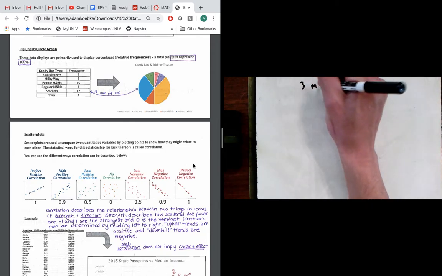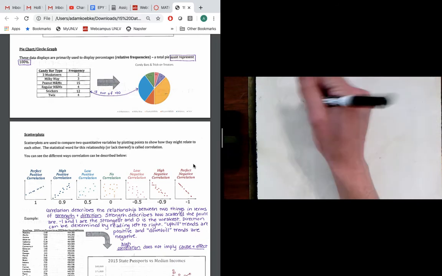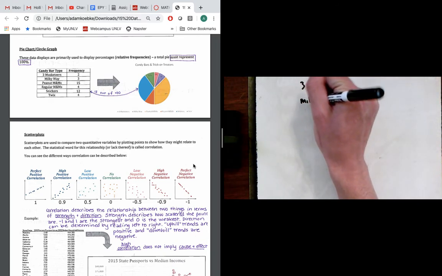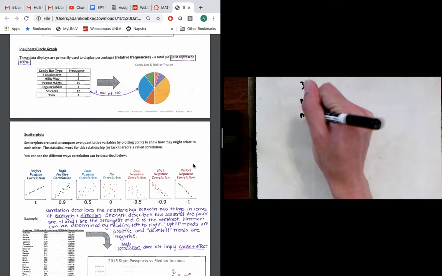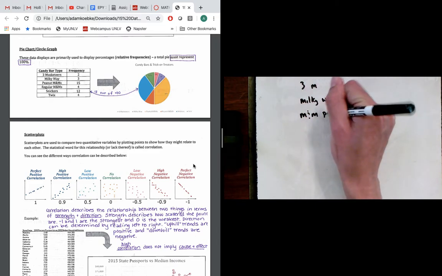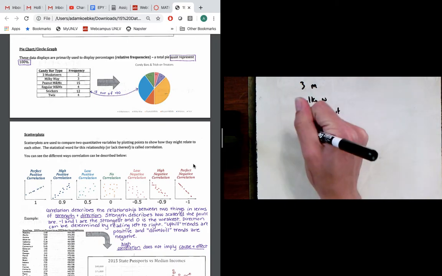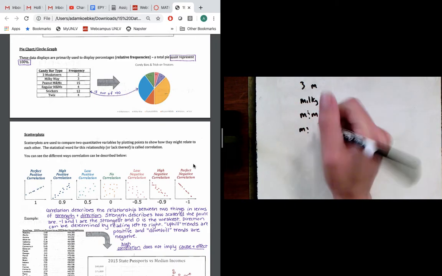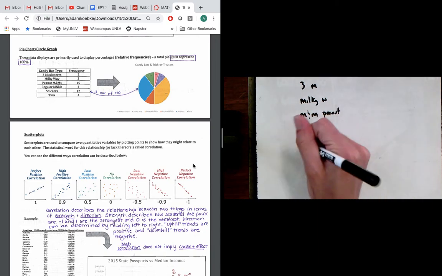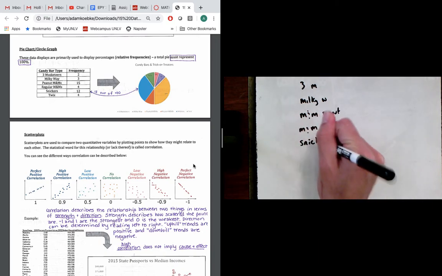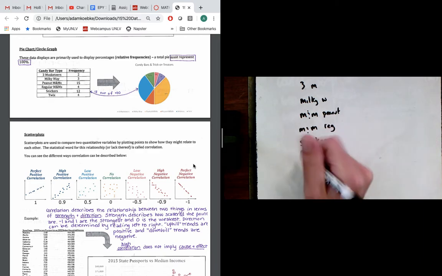We had Three Musketeers. I'm just going to abbreviate these. M&M Peanut, M&M Regular, Snickers, Twix.